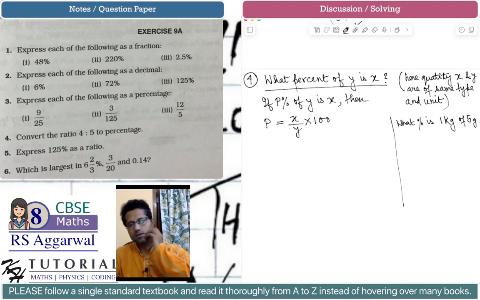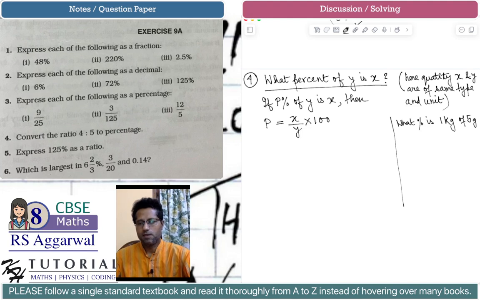So this is a very key point to note: when you are finding what percentage of y is x, the quantities y and x have to be of the same type and have the same unit. So the formula is, assuming that y and x are of the same type and have the same unit, if p percentage of y is x, then how do we compute p?